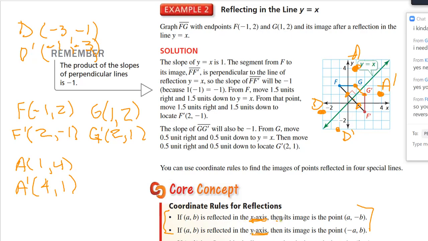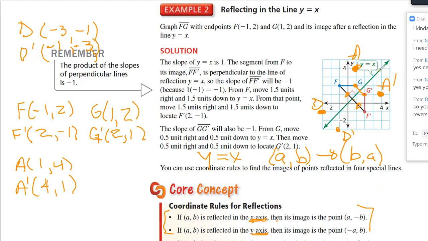If you're going across y equals x, you just take the two points and switch them. Like that. If the first point is A, B, its reflection is B, A. If I'm reflecting across the line y equals x, I just switch the x and y around. That's all I have to do.